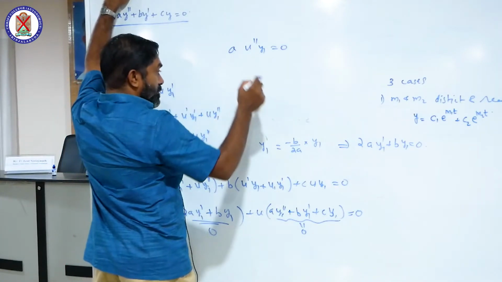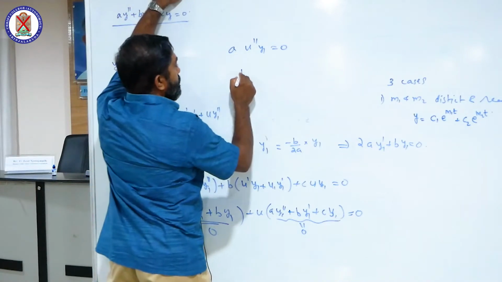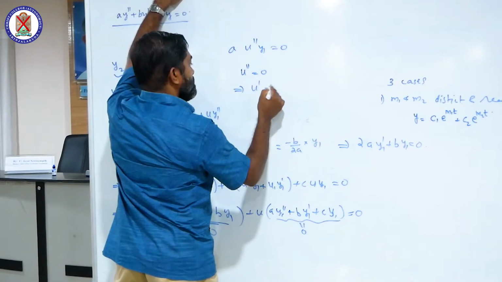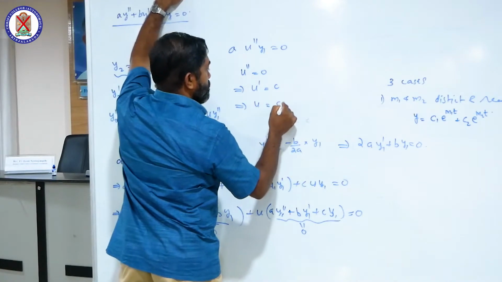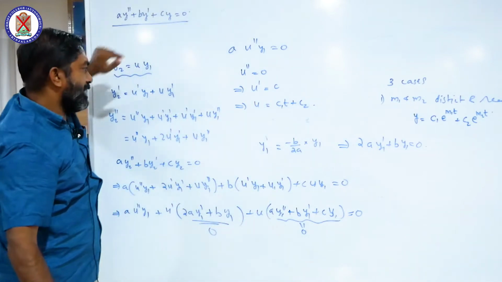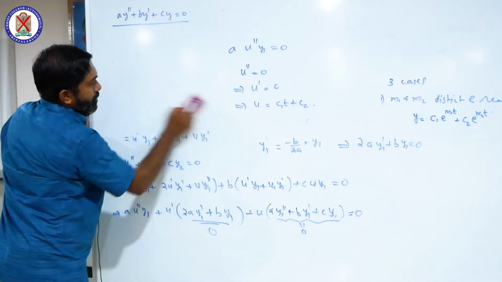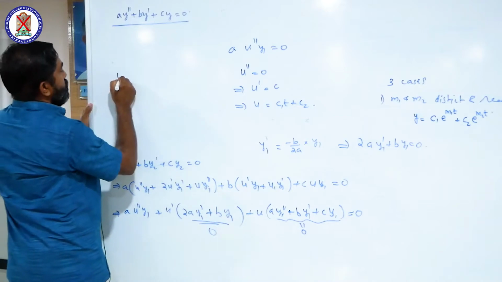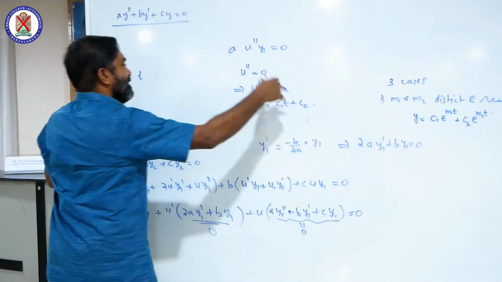Here y1 is not equal to 0, and a is also a non-zero quantity. That means u double dash is equal to 0. This implies u dash is equal to a constant and u equals some c1 t plus c2. Generally we can simply consider the function u as t. There is no need to consider c1 t plus c2.